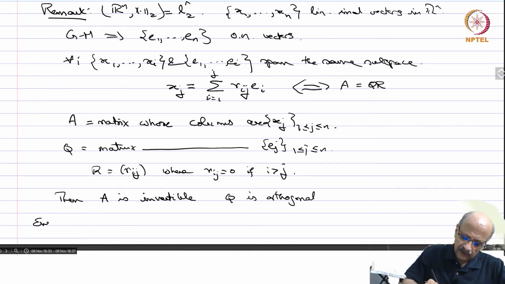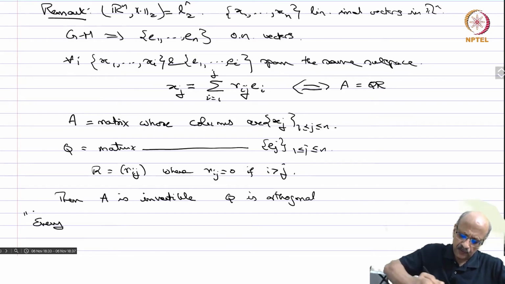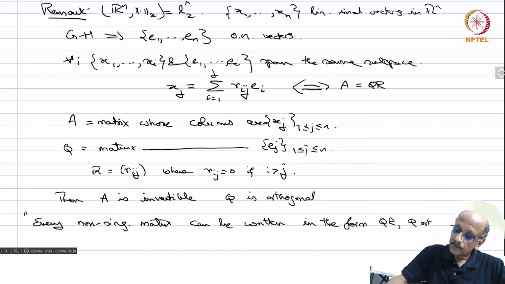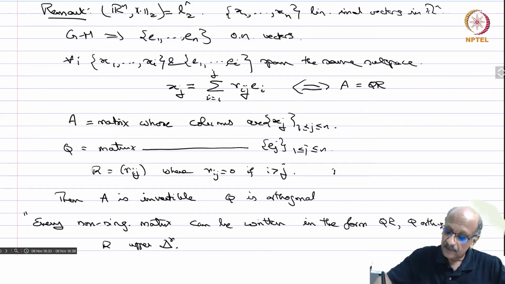So this is a theorem in matrix theory which we have proved. Every non-singular matrix can be written in the form QR, Q orthogonal, and R upper triangular.